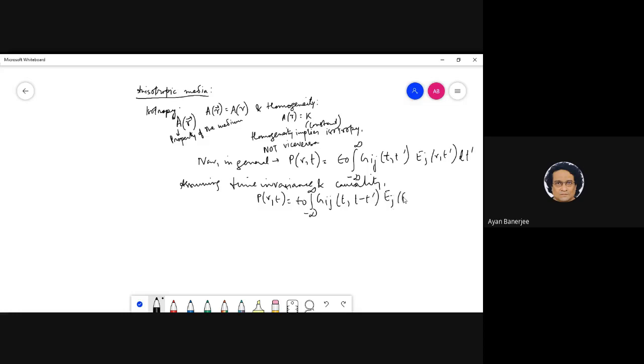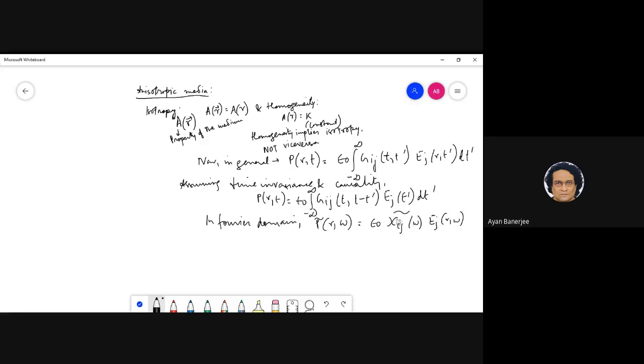E_j(t dash) dt dash, and again in the Fourier domain, how these are related. In the Fourier domain, you have your P(r, omega) as some epsilon. This is the crucial part.